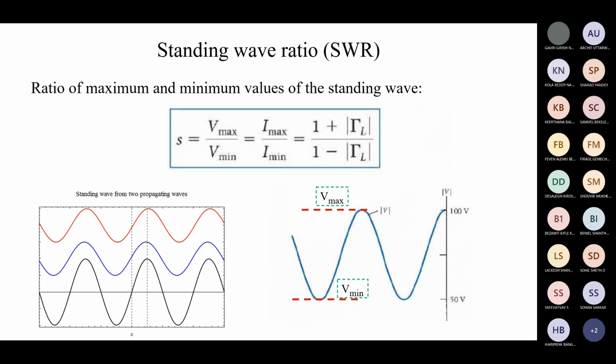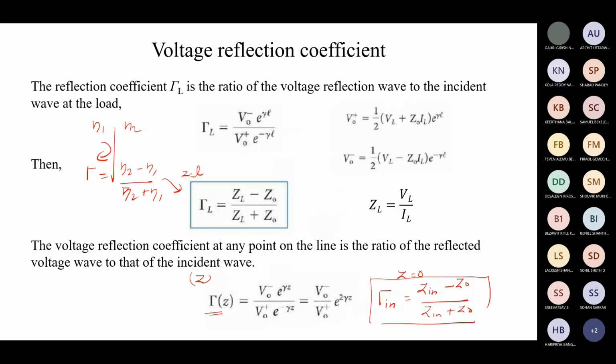So we got it. Now this is one type of representation of the incident and reflected components by means of coefficients, the reflection coefficient gamma L or gamma in.